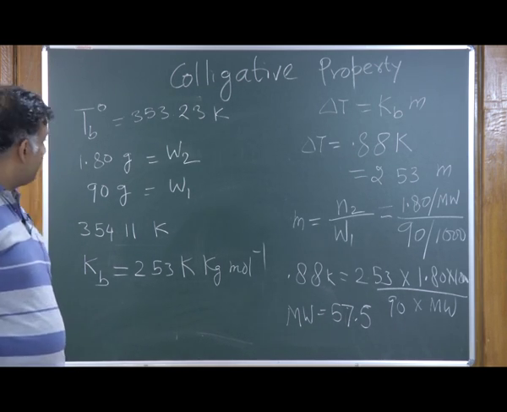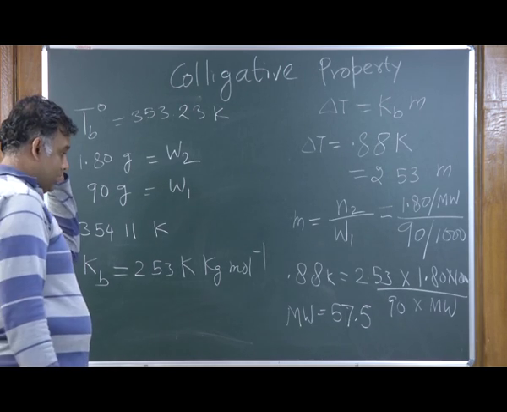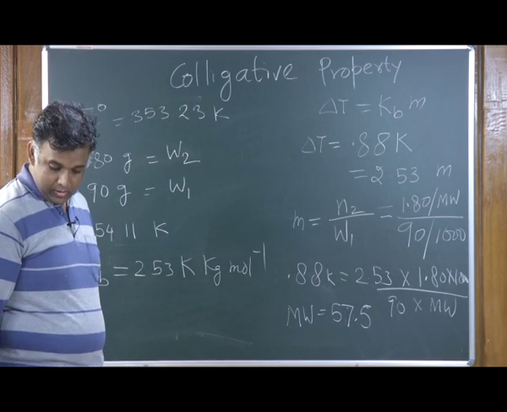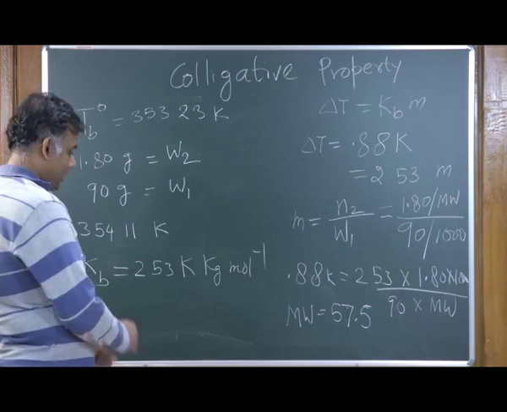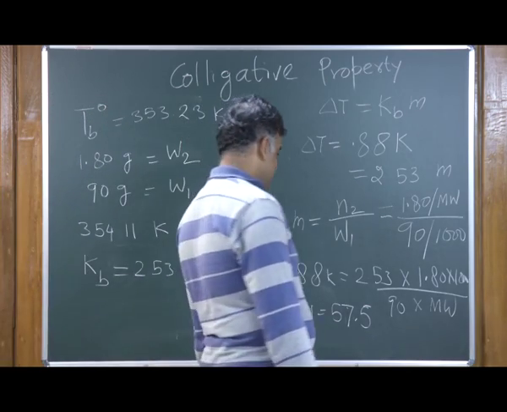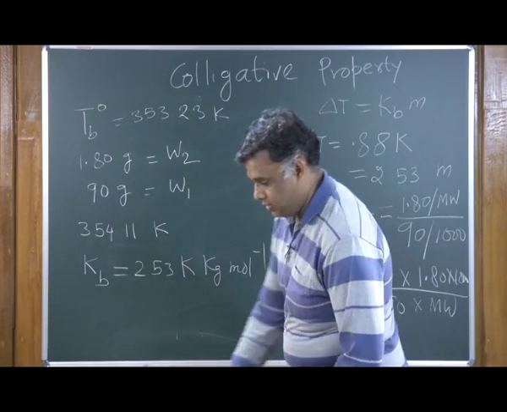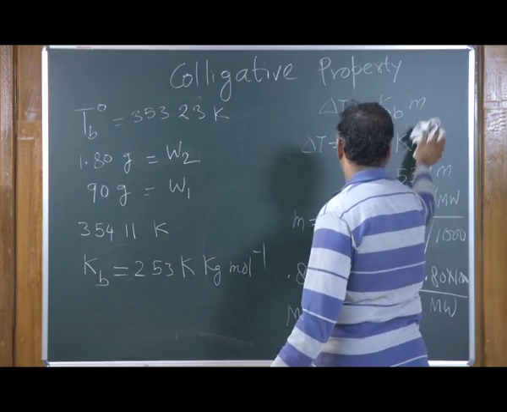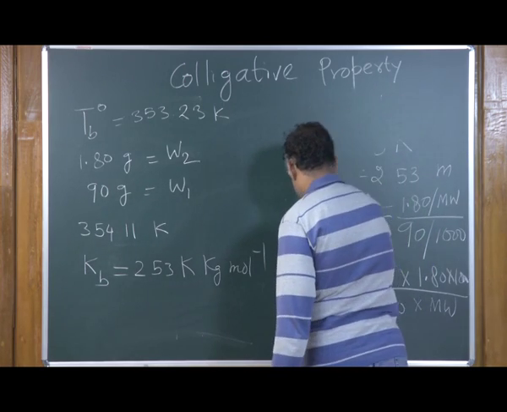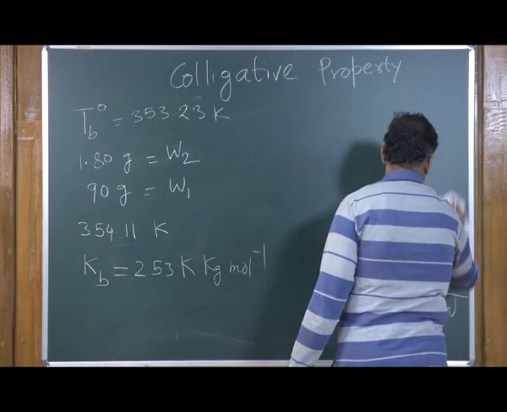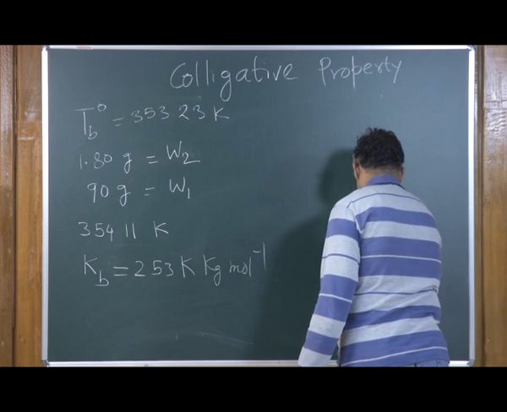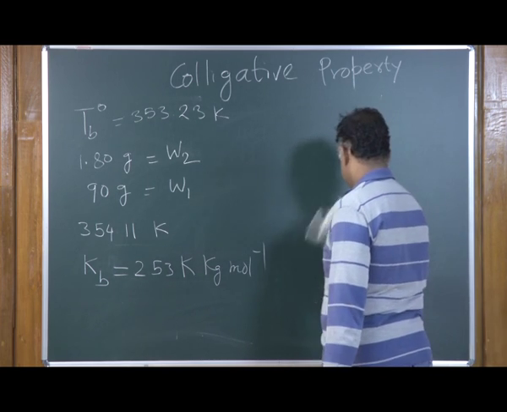Okay. The next topic which we are going to discuss under this subject is depression of freezing point. As we have elevation of boiling point, in the same way we have a depression of freezing point, and this can be understood by the same diagram which I just plotted. Okay.